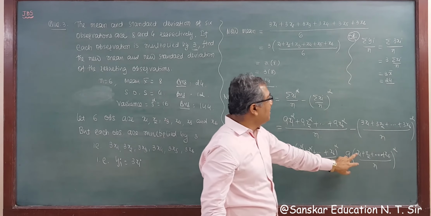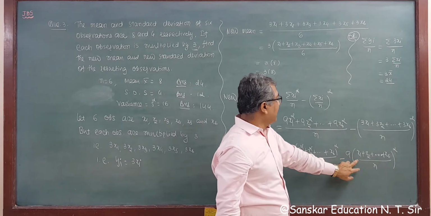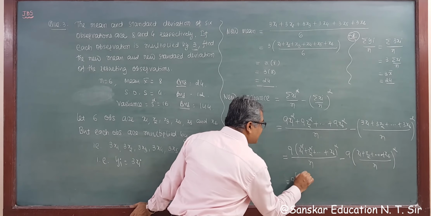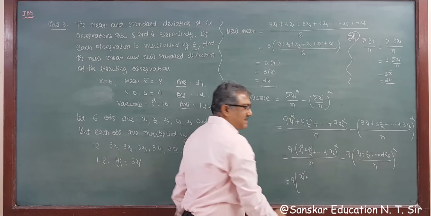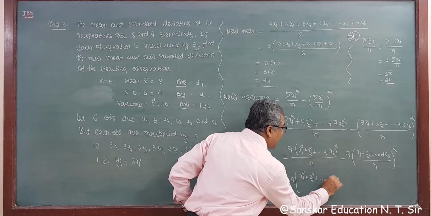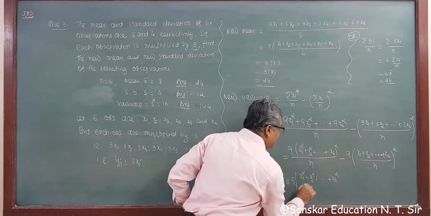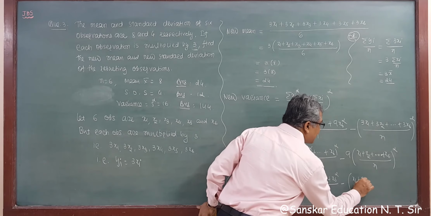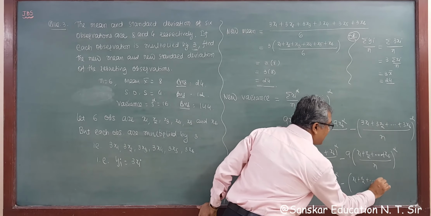Now this is your mean, and your mean is 8. So this is 8 square. Taking 9 common, this is x1 square plus x2 square plus up to x6 square divided by n, minus x1 plus x2 plus up to x6 divided by n whole square. So this is your old variance.